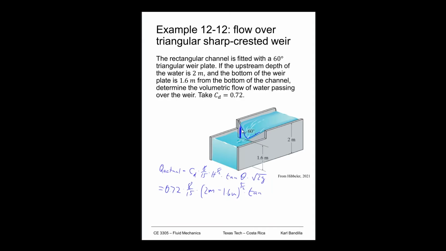Now the overall angle is 60, but we're only interested in half the angle, so that would be 60 degrees over 2, and then times the square root of 2 times 9.81 meters per second squared.